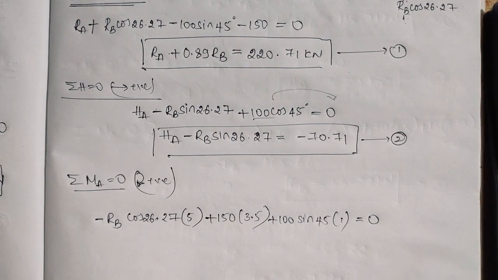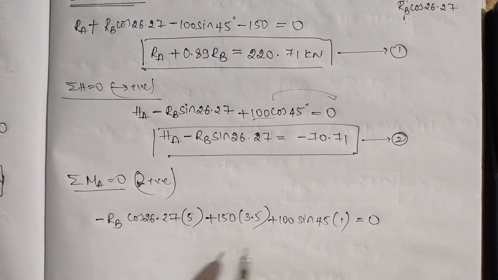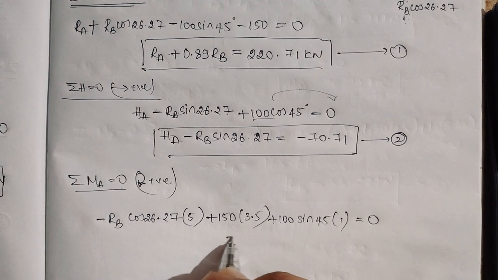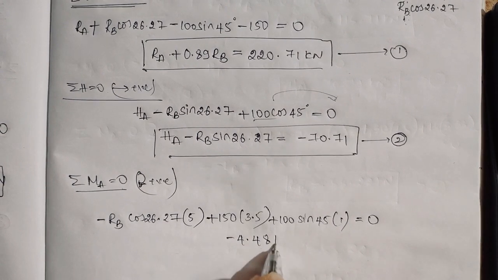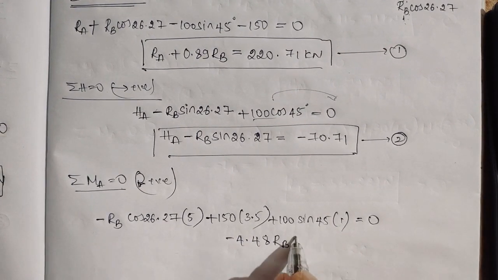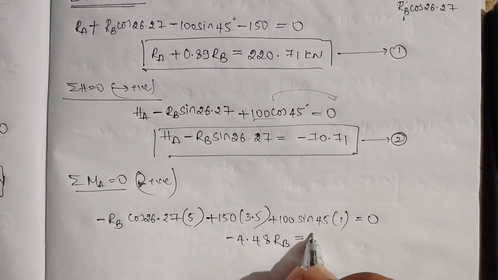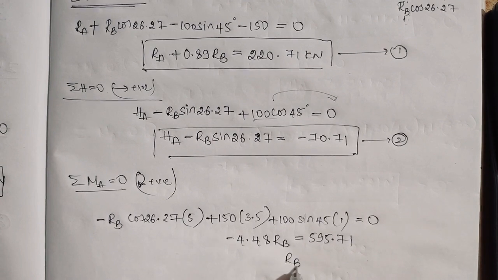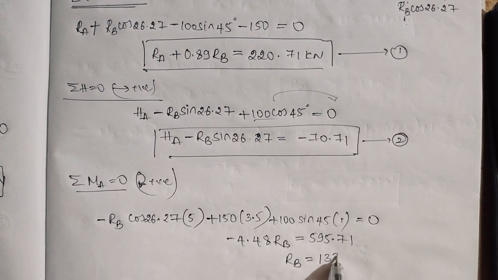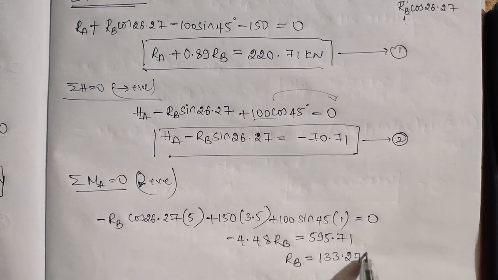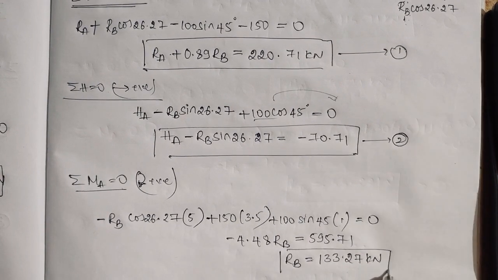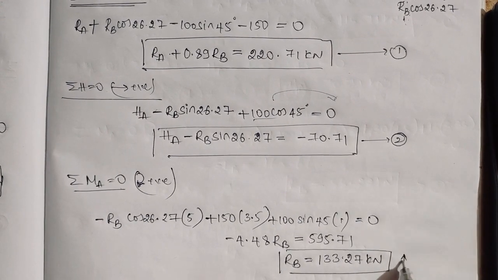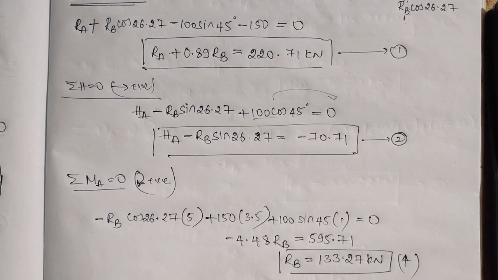Then this cos 26.27 into 5 is 4.48. So minus 4.48 RB is equal to 595.71. So RB is equal to 133.27 kilonewton. So it is positive, so what we assumed is correct.